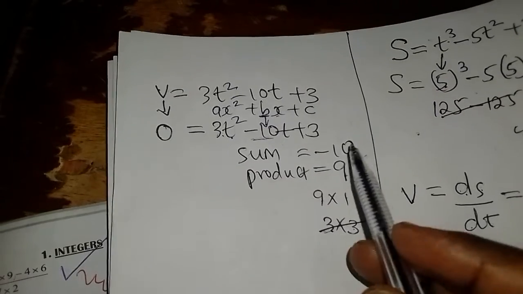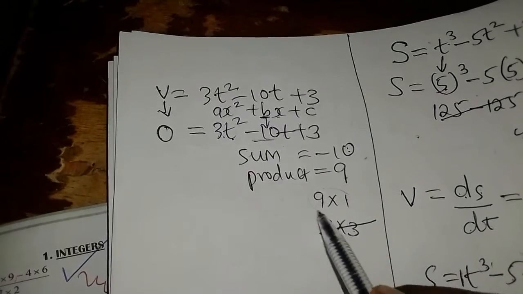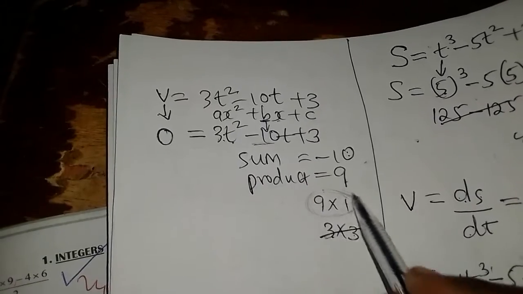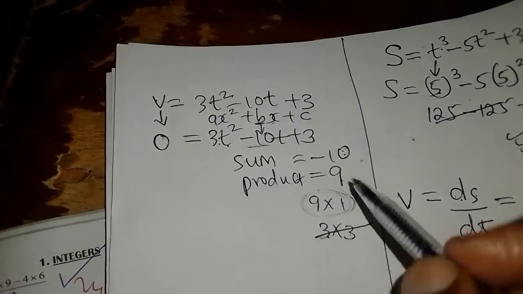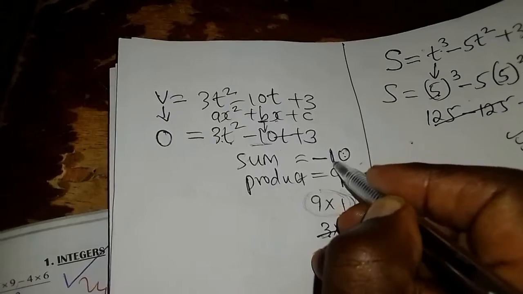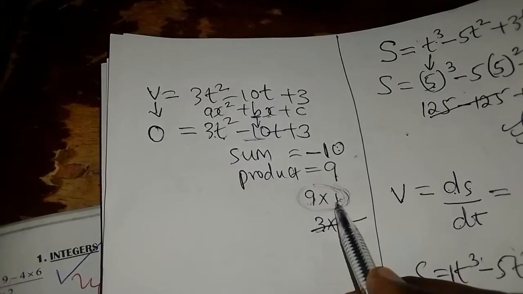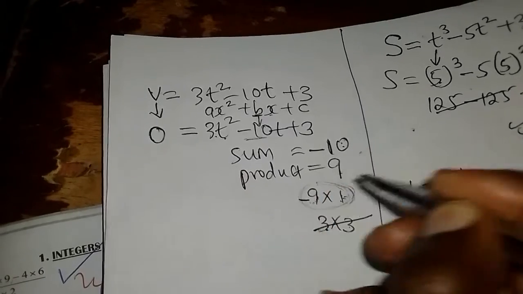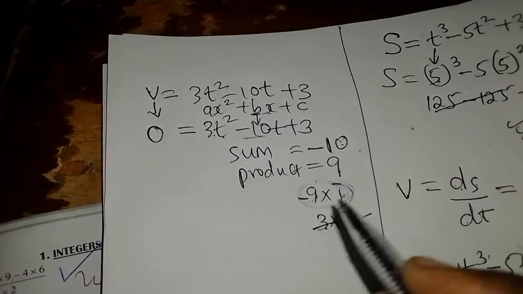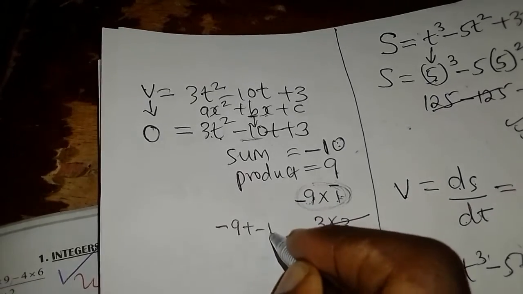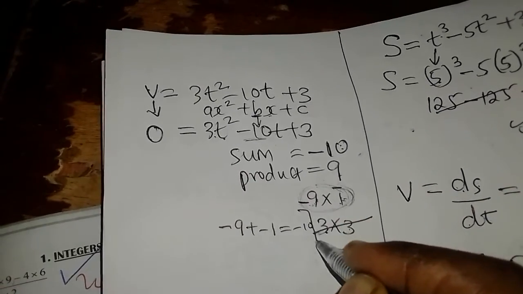But now, the sum is greater than the sum of the two numbers. So that means, if the sum is greater and the sum is negative, both the numbers must be negative. Put negative, negative. So negative 9 plus negative 1 gives you negative 10.